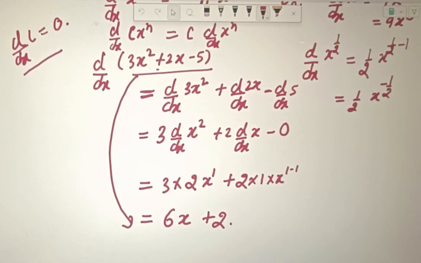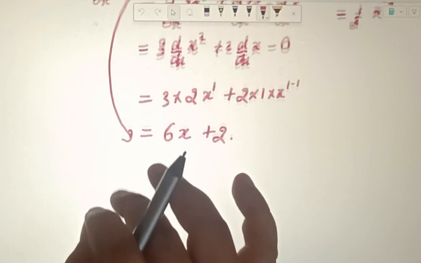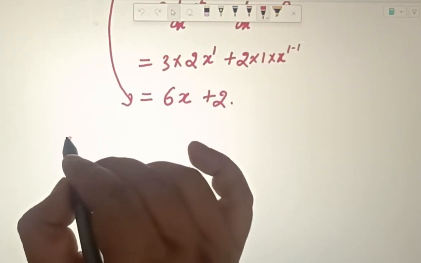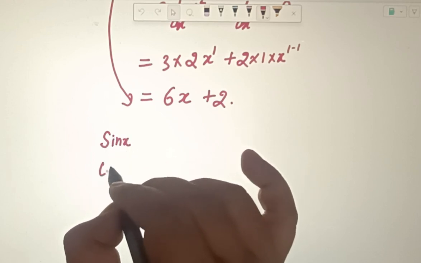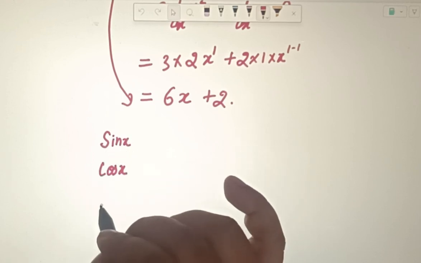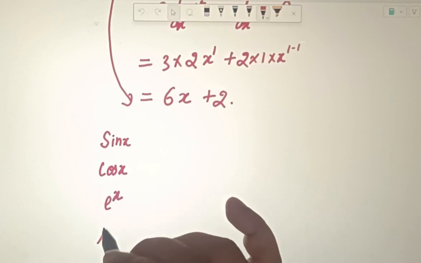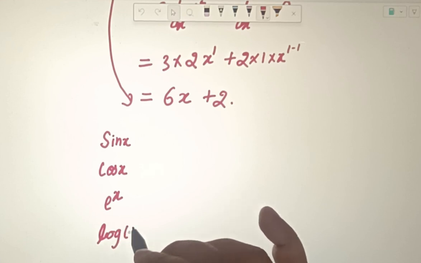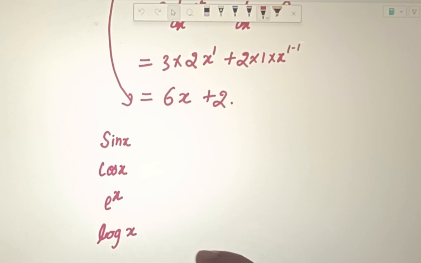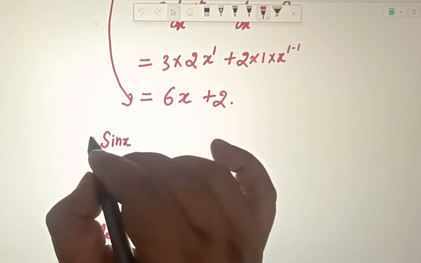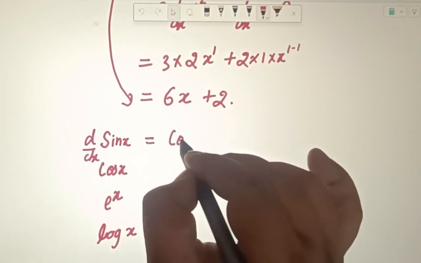It is very simple. Okay, so we write some fundamental formulas also, like trigonometric functions sin x and cos x. These are very basic, and e to the power x, and log x. So the derivative of sin x is obviously cos x.